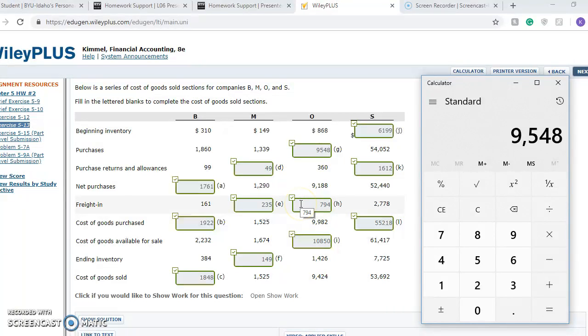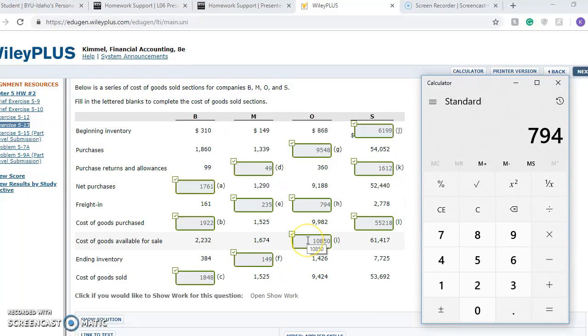For H, we know that net purchases plus freight in equals our cost of goods purchased. It's the same thing we did in the previous example right next to it. So 9,982 minus 9,188 is going to give us our freight in.